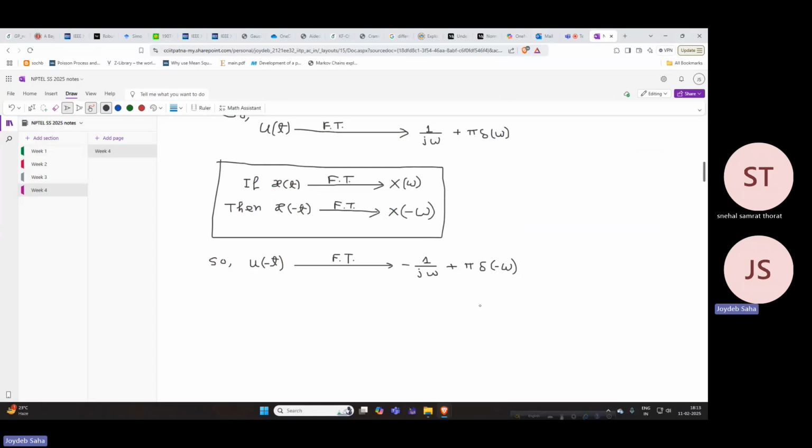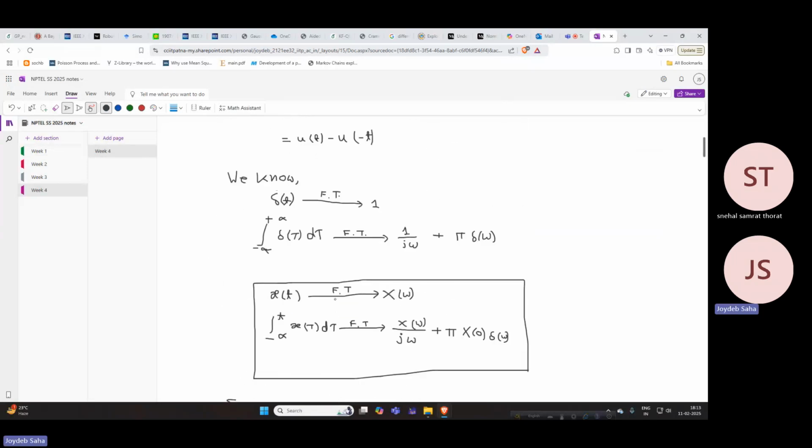And delta minus omega means delta omega itself. So we are getting this.